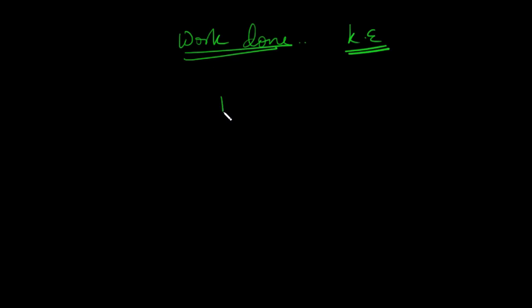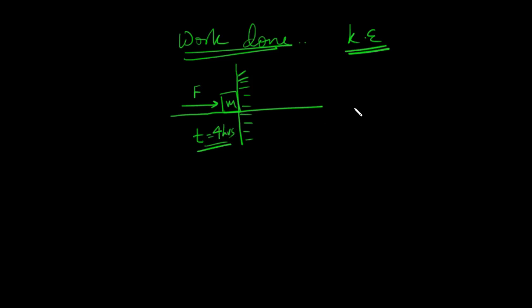Work done means, for example, if this is a block of mass m, and this is a force pushing the block against a wall, the block is not moving. Force is continuously pushing the block for, say, 4 hours. What is the work done? Work done here is 0.